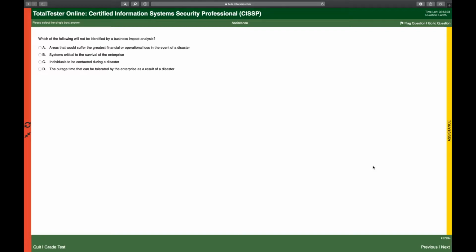You're gonna identify which ones are critical, the ones you can't live without, the ones that you can, and how long you can live without the others. You're gonna identify all of the tools and systems that are used to support those business processes, all the people that are used to support those business processes, but individuals to be contacted during a disaster, not so much. All right, number 6, which of the following best describes a parallel test?